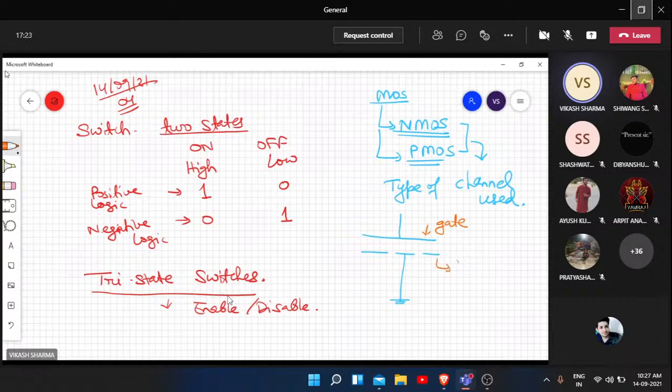Then we have got a drain terminal, we have got a source terminal. Then there is an option for substrate, and that is connected to the body or earth. So normally that body is earthed. But when we represent it, we use a symbol like this.